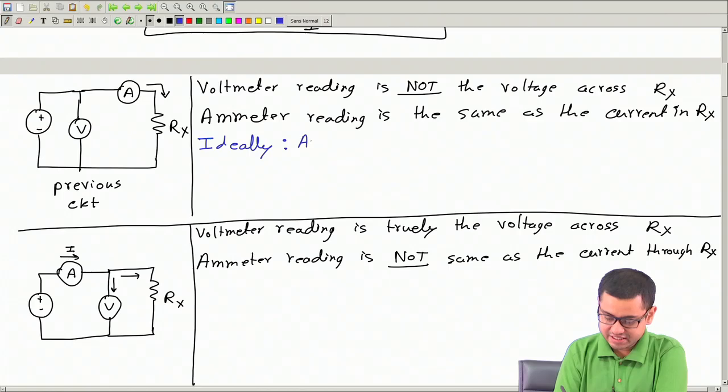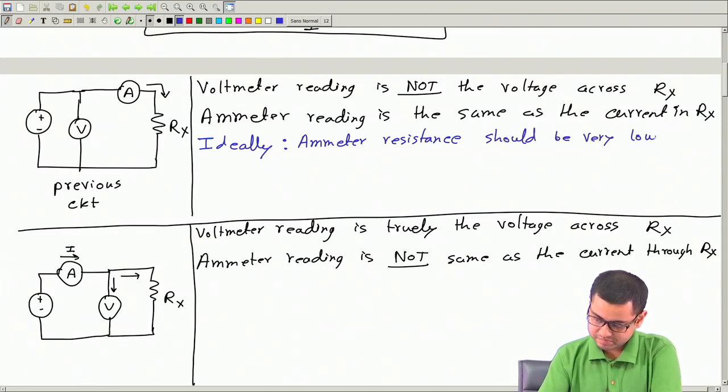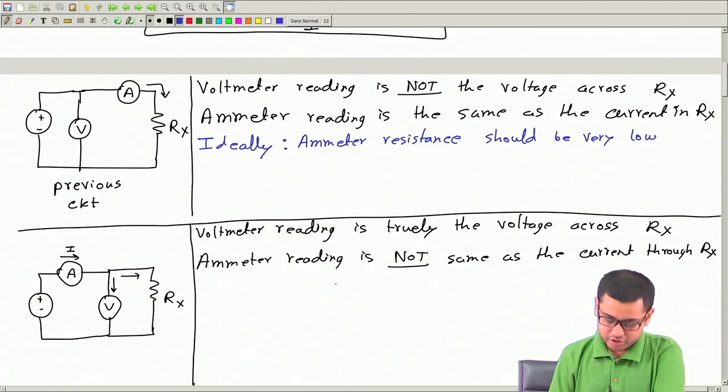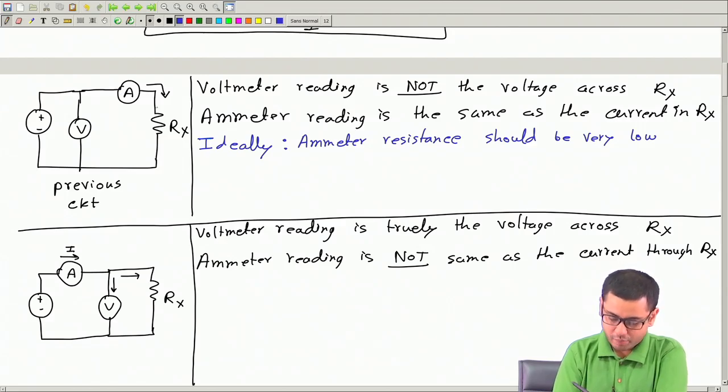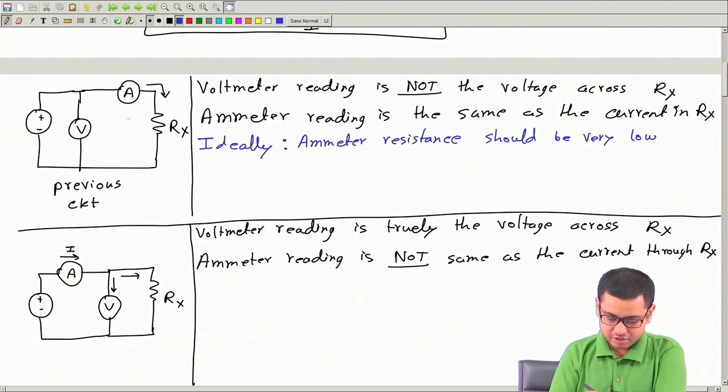So ammeter resistance should be very low. Therefore the voltage drop across the ammeter should be negligible compared to this Rx. Then this voltmeter reading is fine. So it is measuring almost the same voltage as Rx.